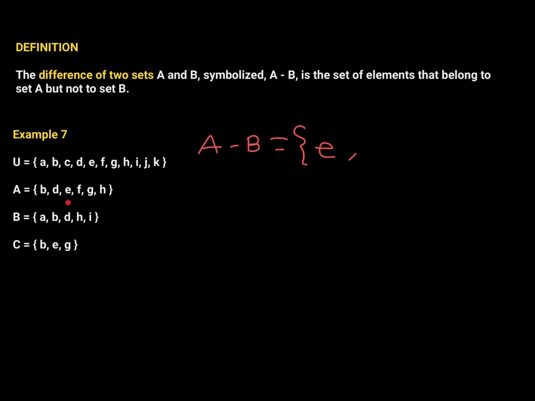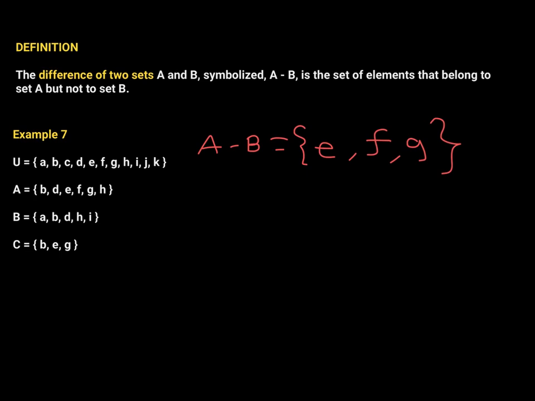F also makes it in because F belongs to A, but not to B. So we'll add F to the set. G makes it in because G belongs to A, but not to B. So I'll add G. Anything else? H. No, not H because it belongs to B. I'm done going through the elements in set A, so I'm done. E, F, G are the elements that are in A but not in B.